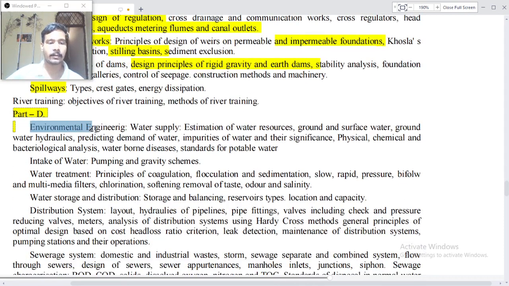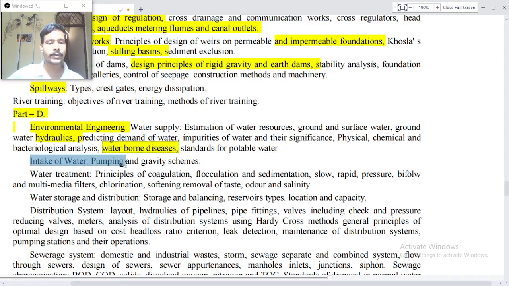environmental engineering, water supply, estimation of water resources, ground and surface water, groundwater hydraulics, predicting demand of water, impurities of water and their significance, physical, chemical, and bacteriological analysis, waterborne diseases, and standards for potable water.